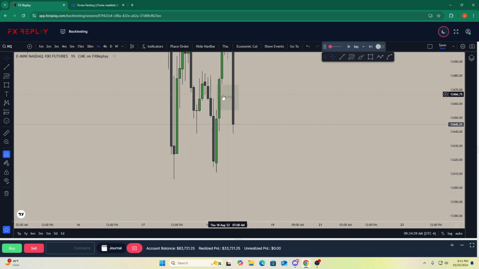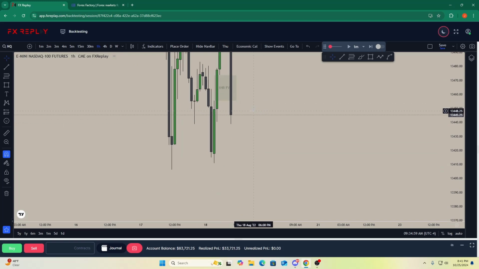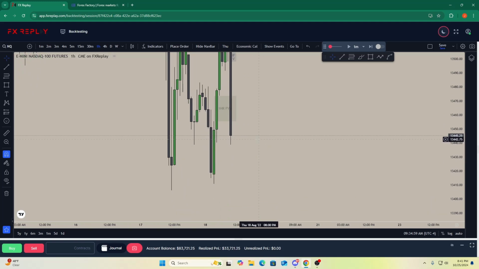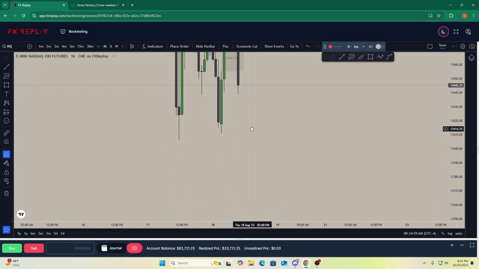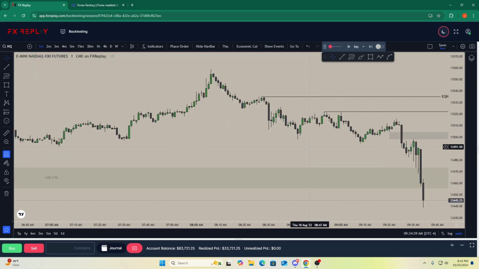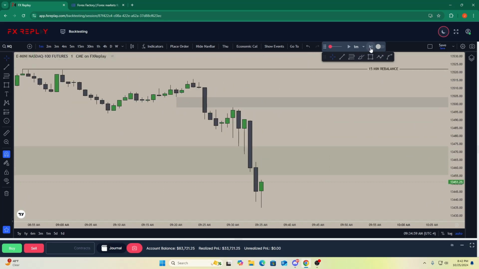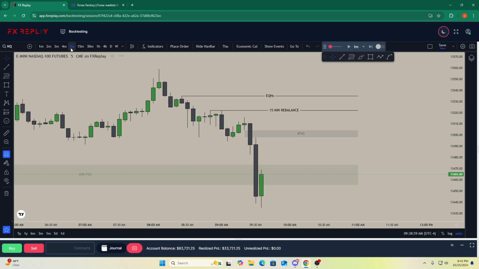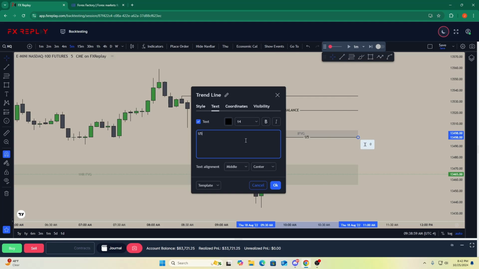If this 1 hour ends up getting inversed here, this 1 hour doesn't hold, then right now I want longs, but obviously I'll have to end up switching the bias here, trying to go for these lows, kind of go for these outside levels. This is also an unfilled 5. 5-minute rebalance.